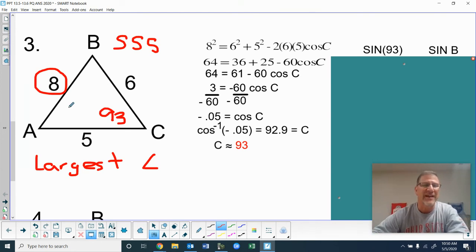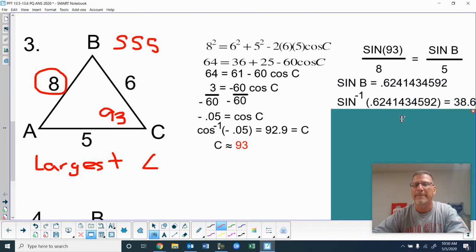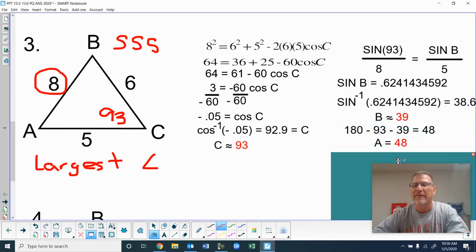So the shortest side's 5. It's opposite angle B. So we have to find angle B using the law of sines, which I did over here. Okay, so again, since we're looking for angle B, we cross multiply and divide, and then we have to take this inverse sine, second answer.